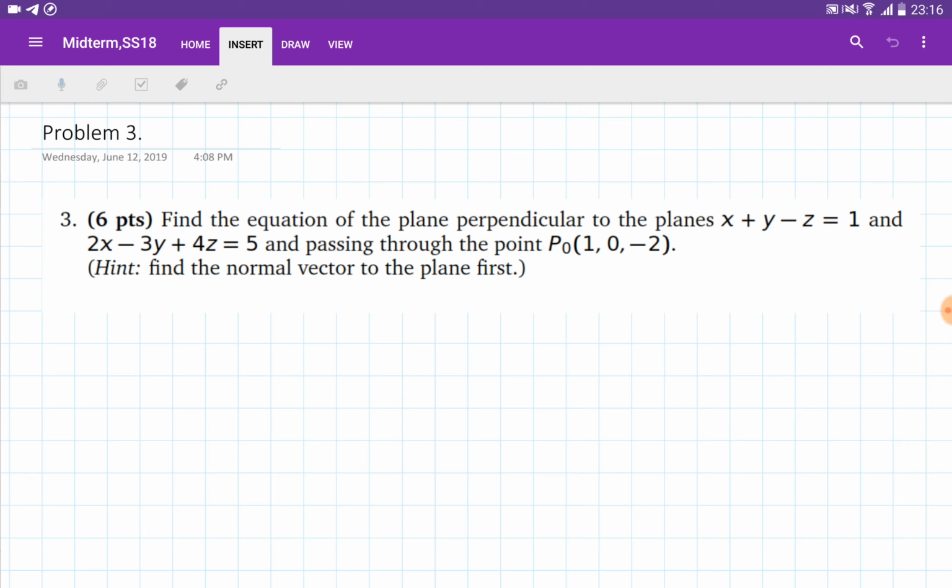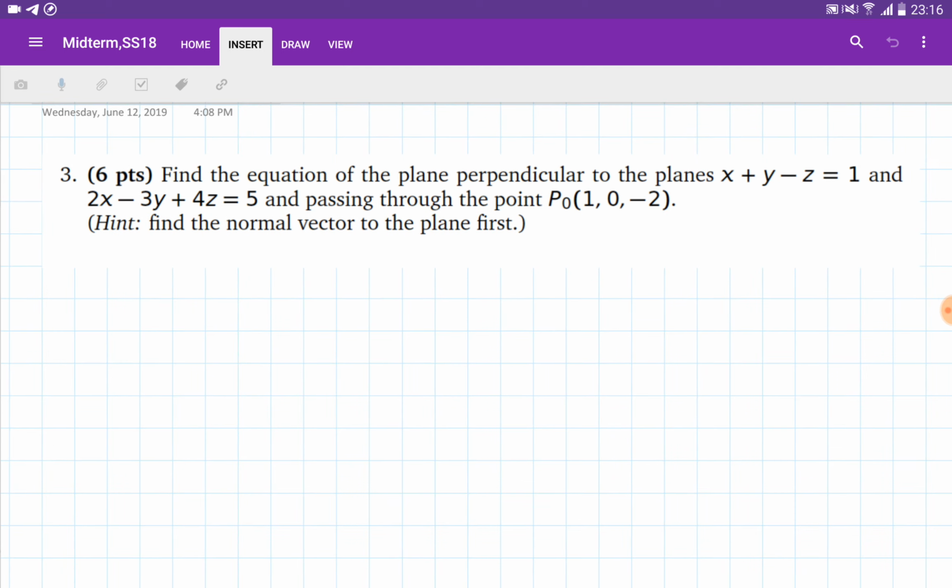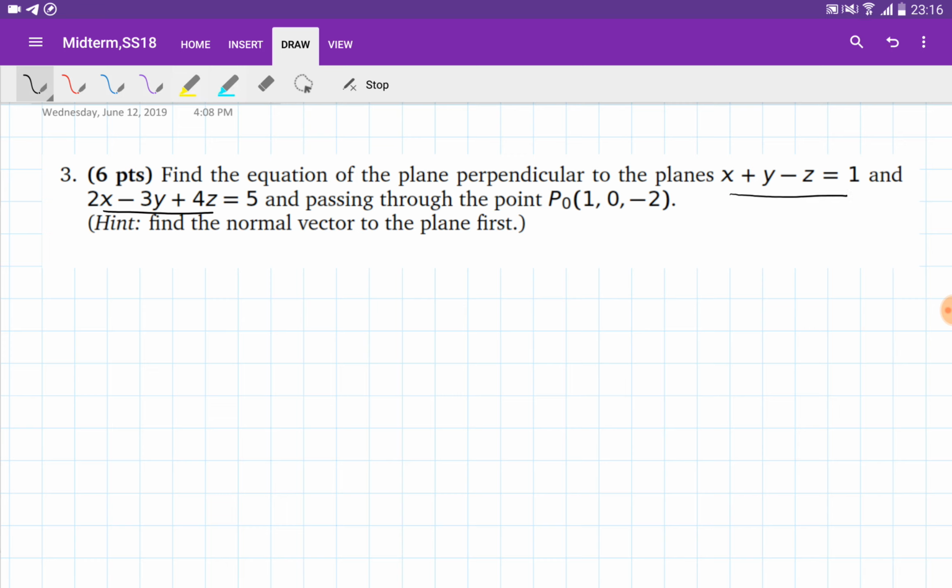Problem number 3 is on analytic geometry. We're given two planes, and we need to find another plane which is perpendicular to these two planes and which passes through a point. Please note that if we're given a normal vector of a plane with the coordinates A, B, and C, and if we're given some point P0 on the plane, we can find the equation of the plane using the formula.